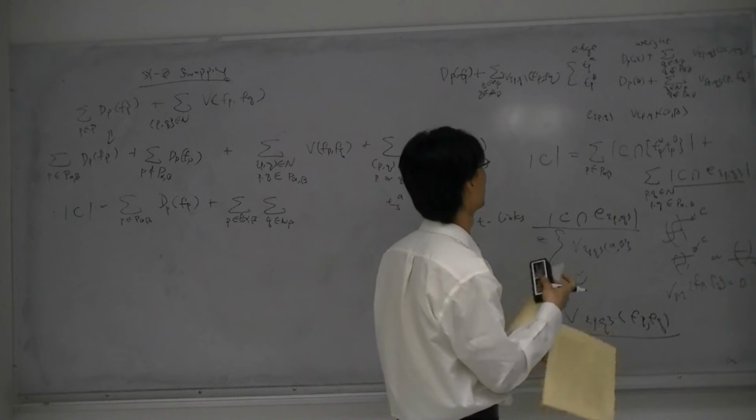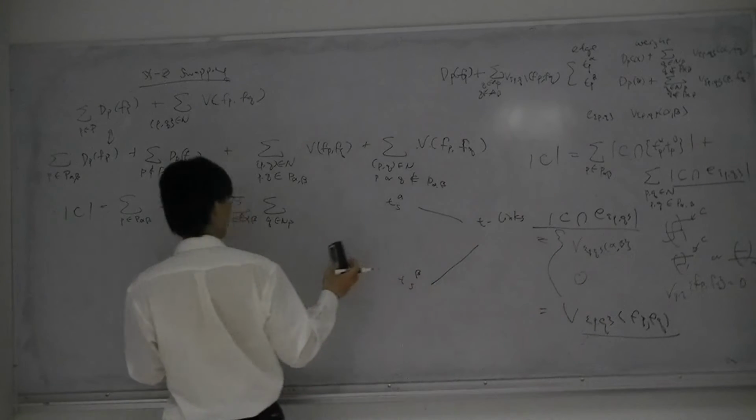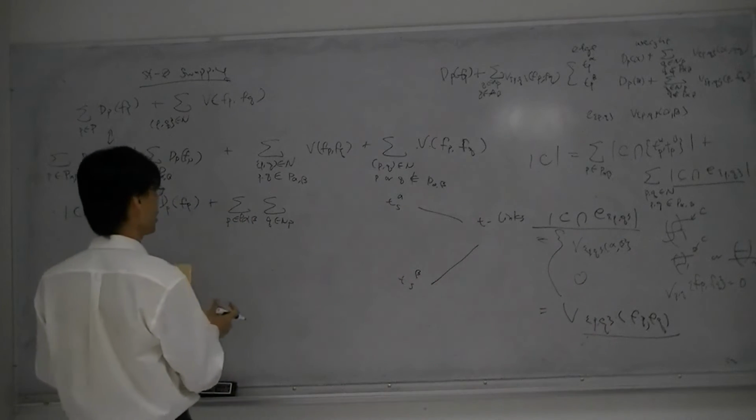Oh, okay, MP means the neighborhood of P. Okay, that's right. Q is in N_P.